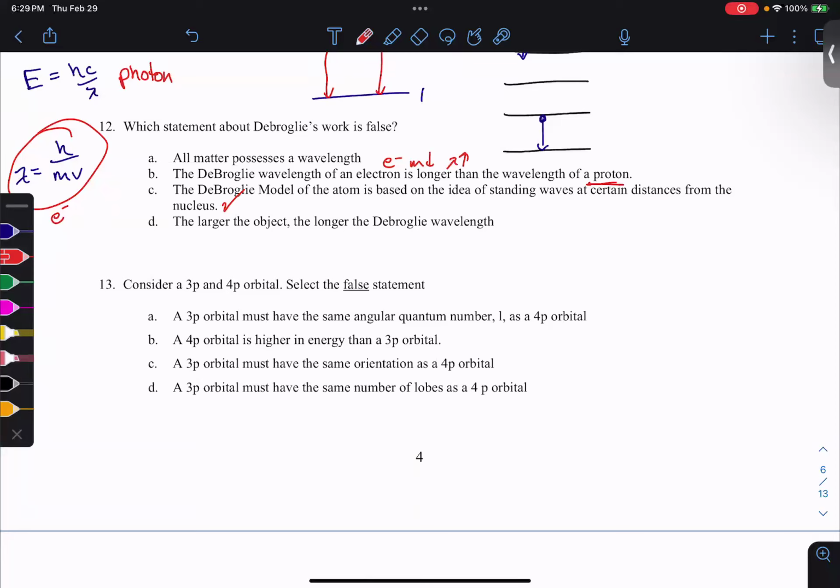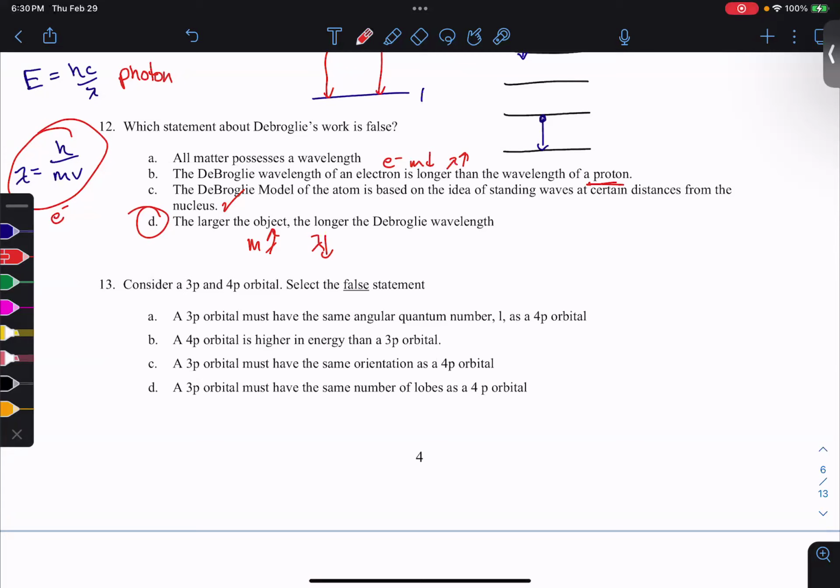So that one is true as well. And then the last one, larger the object, longer the de Broglie wavelength. Large object means mass big. So that means de Broglie wavelength small. So that one is the false one.